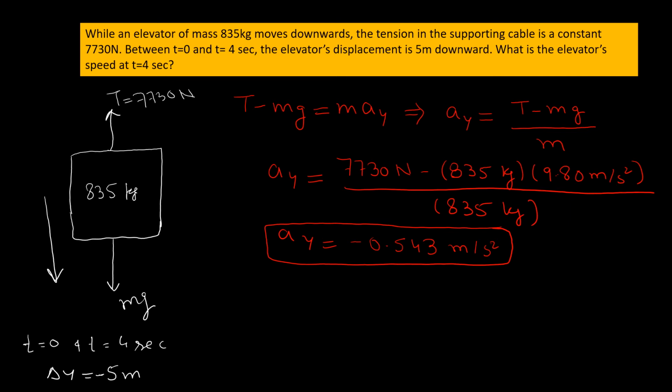Now, next, the question asks us to find the elevator's speed at t equals 4 seconds. For that, let's go to the next slide. Now we'll use two equations of kinematics to find this final speed after 4 seconds.